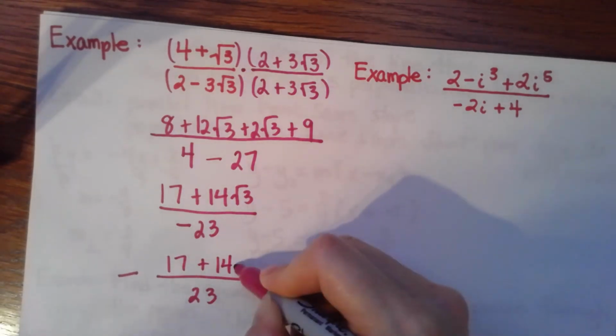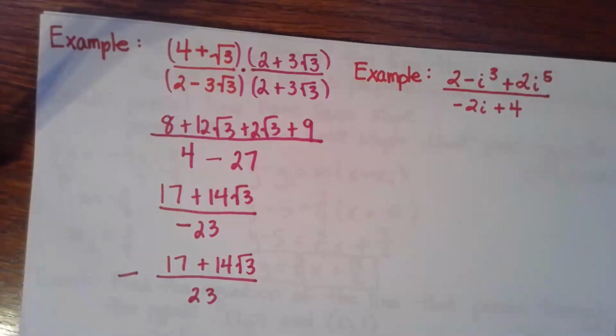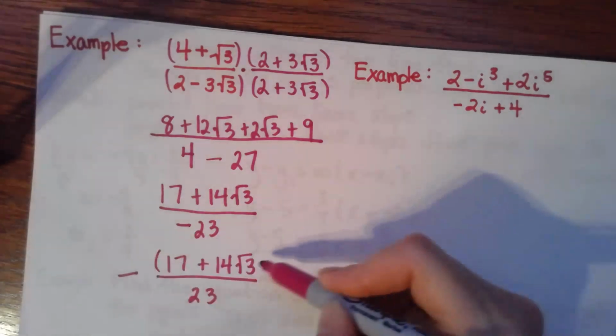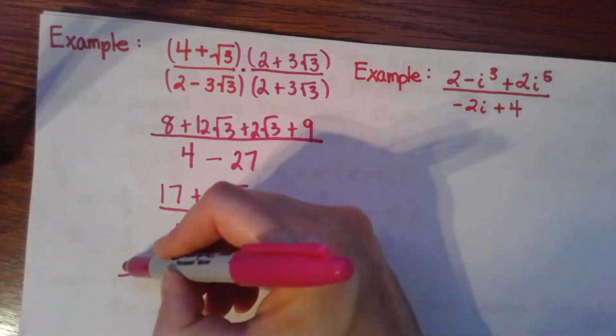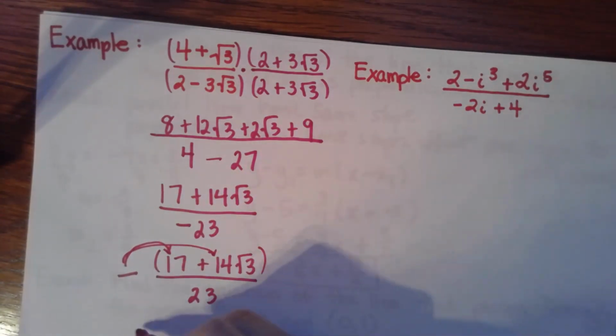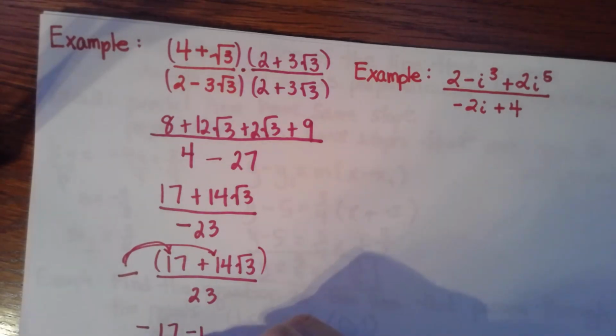Okay, but that tends to be super dangerous because that negative can migrate up in front of the 17, and you might think it's negative 17 plus 14 square root of 3 over 23, and it's not. There's really parentheses around that, and that negative would need to be distributed to both of these. So really the best way to write this would be negative 17 minus 14 square root of 3 over a positive 23.